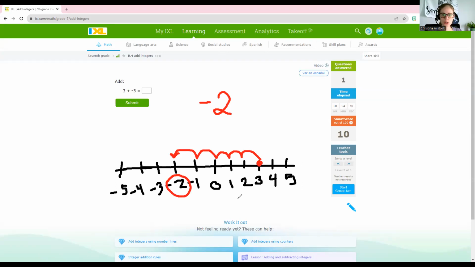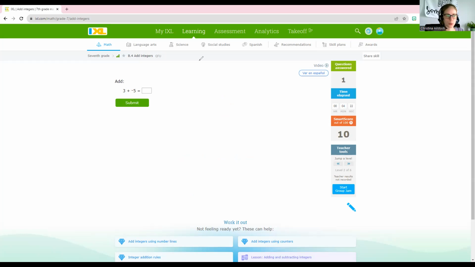All right, now let me show you another method, another strategy. You can use counters, or sometimes you've heard them called algebra tiles. We can represent that in this case by just using pluses and minuses. So we have a +3, which means we have 3 positives, 1, 2, 3. That's our 3.